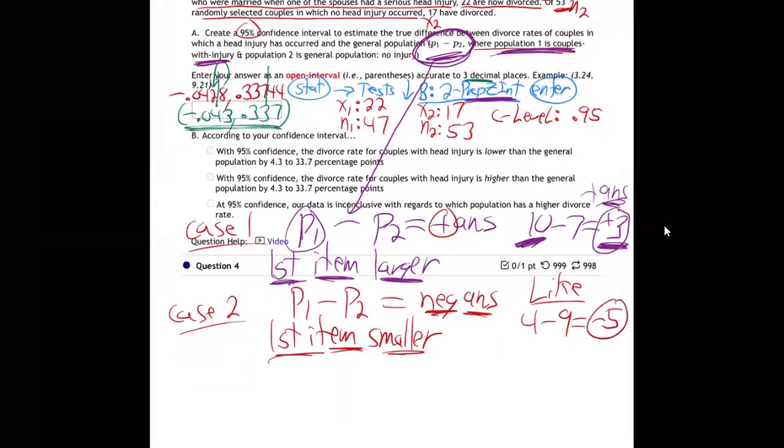If you get a negative answer, the first item was smaller. If you get a positive answer, the first item was larger. You tracking with me? Everybody seeing this? It's all about what happens when you subtract 2 things. If the answer comes out positive, the first item was larger. If it comes out negative, the first item was smaller.